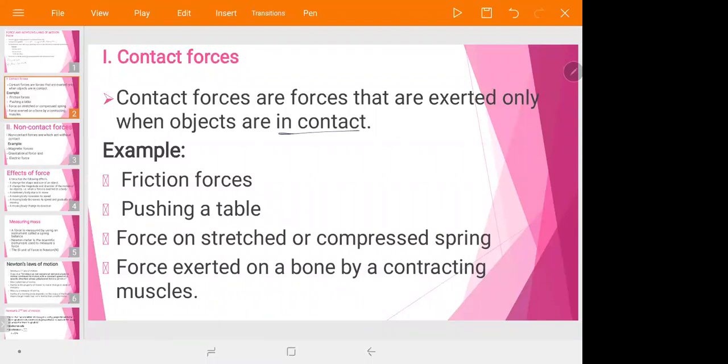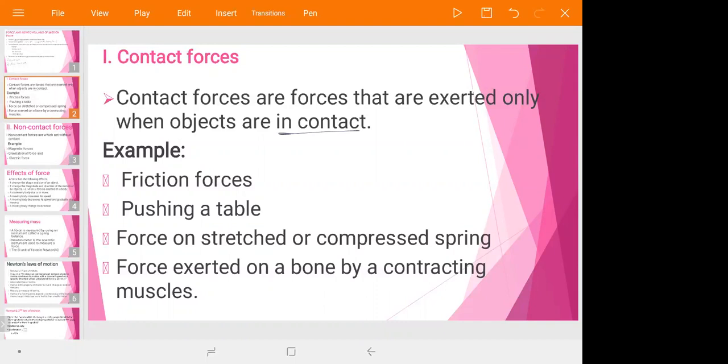We will see this after Newton's laws. Friction force is a type of contact force. When two bodies slide on each other, friction force is formed. And pushing a table, as I said first, is a contact force.